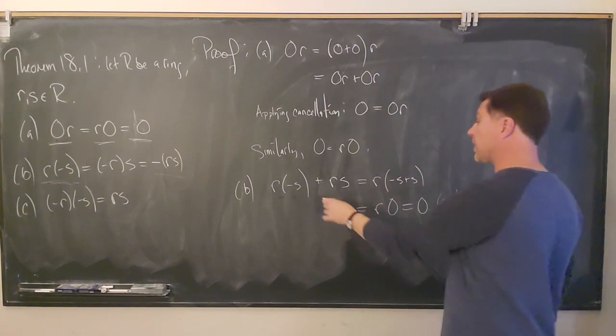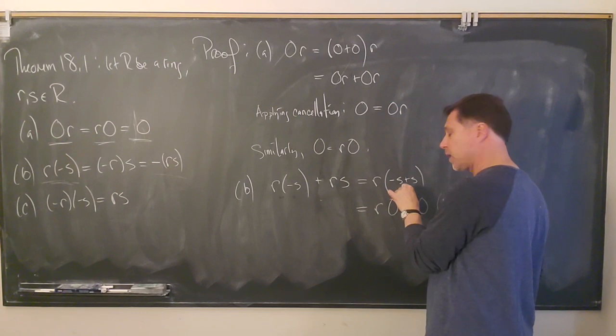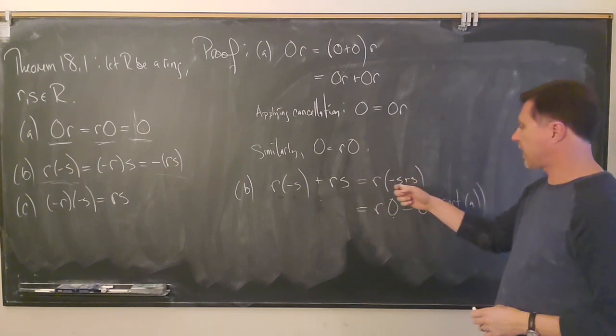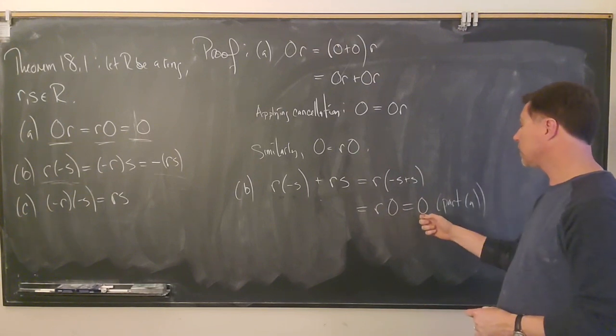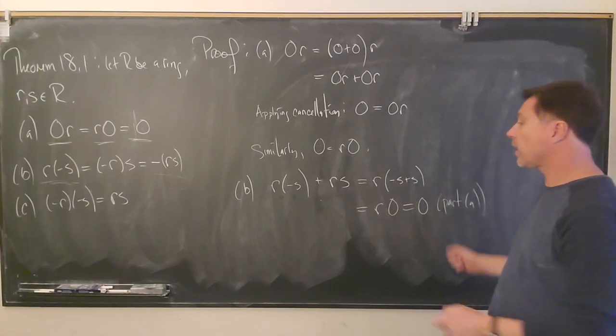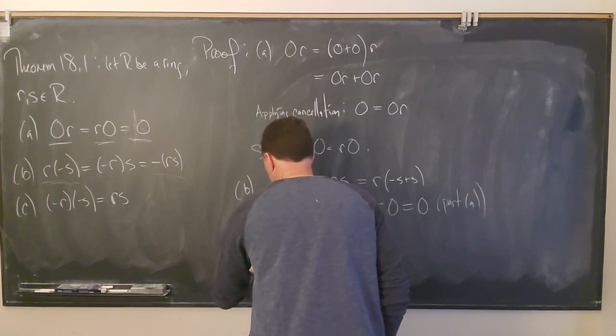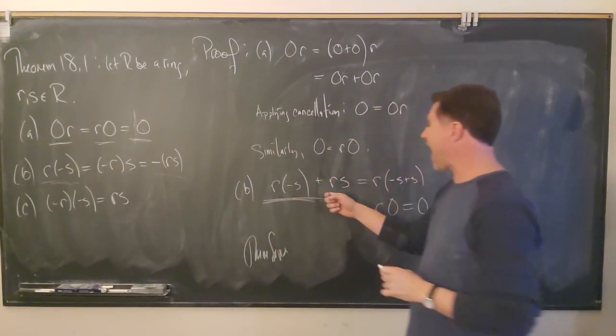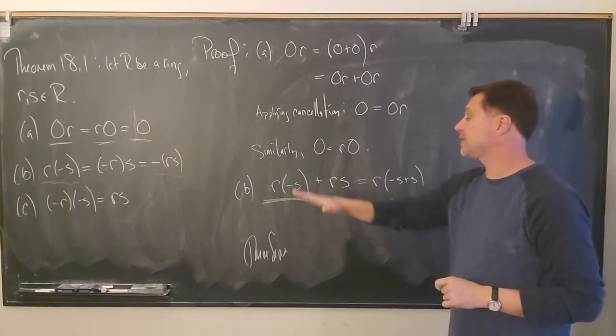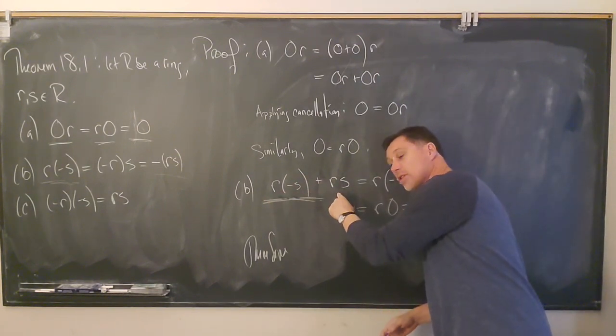Right? So from here to here, I use the distributive property. From here to here, I just use the fact that minus S plus S is 0. And then part A tells us that R0 is equal to 0. Therefore, this object here, when added to this, gives us 0, which means that this thing is the inverse of this thing.